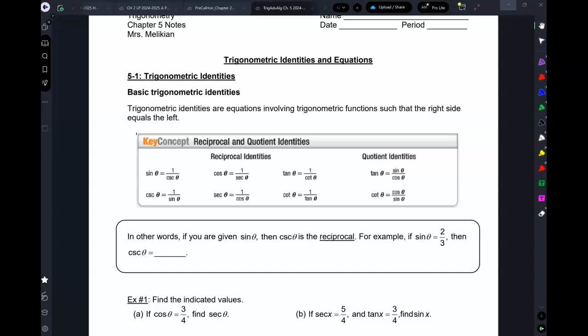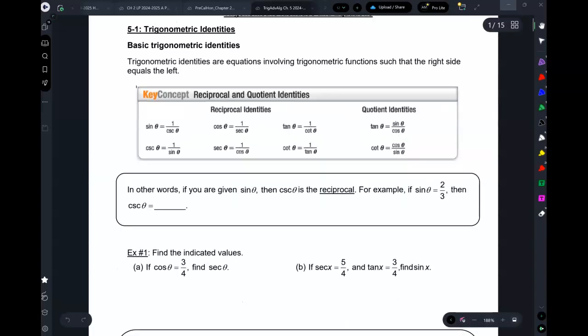For example, a lot of these you already know, you just never knew they were called trigonometric identities. You know that sine of theta is 1 over cosecant of theta, right? When you write it like this, sine of theta equals 1 over cosecant of theta, the whole thing becomes an identity.